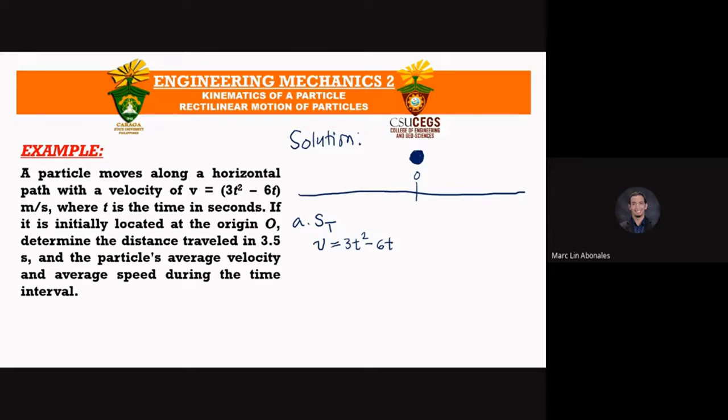The three kinematic equations are v = ds/dt, a = dv/dt, and lastly a ds = v dv. In choosing among the three kinematic equations, it depends on what is given. We have the velocity and the time, which was 3.5 seconds, and the unknown is the position S. So which among the three kinematic equations, based on the given, will we use? Is it the first, the second, or the third kinematic equation?